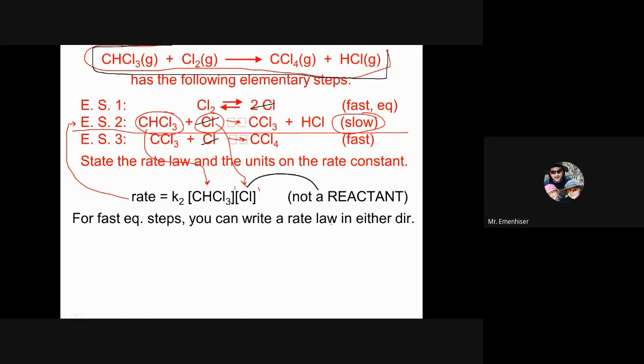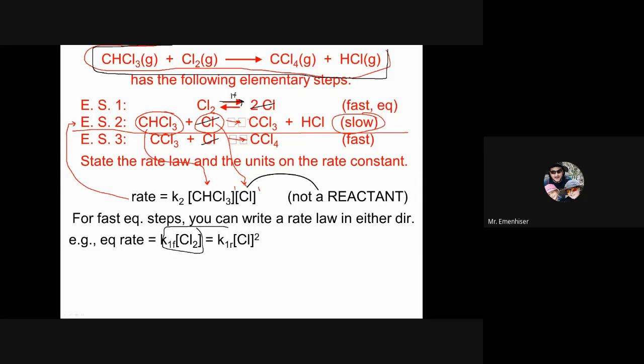So for fast steps, you can write a rate law in either direction. So we can say K1 forward, which is Cl2. If we were looking at this reaction forward, if it's at equilibrium, the rate that way is forward, so the rate equals K times the concentration of Cl2 disappearing.